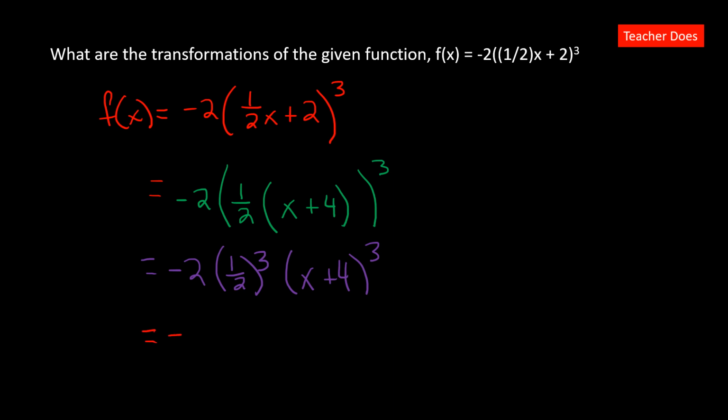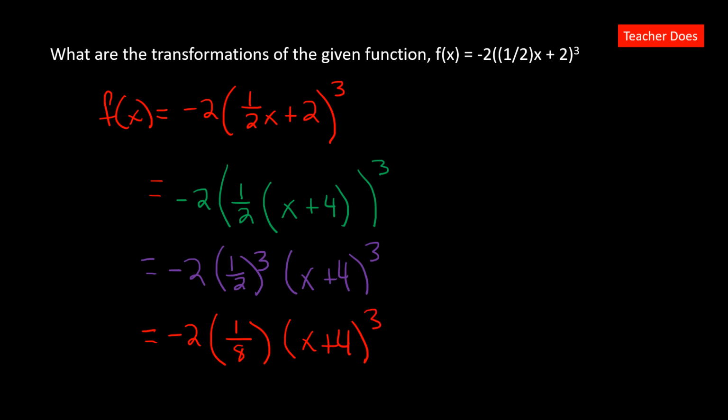So we'd have -2 times 1/2 cubed. 1/2 times 1/2 would be 1/4, and 1/4 times 1/2 would be 1/8, times x plus 4 cubed.